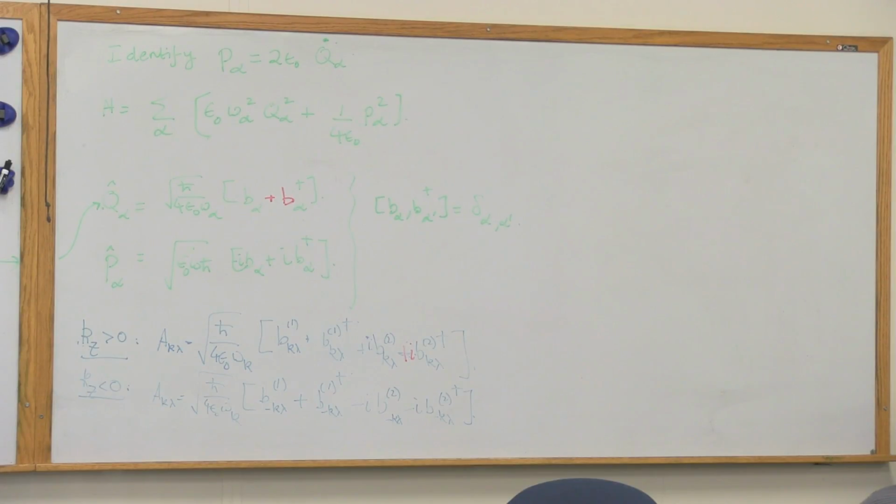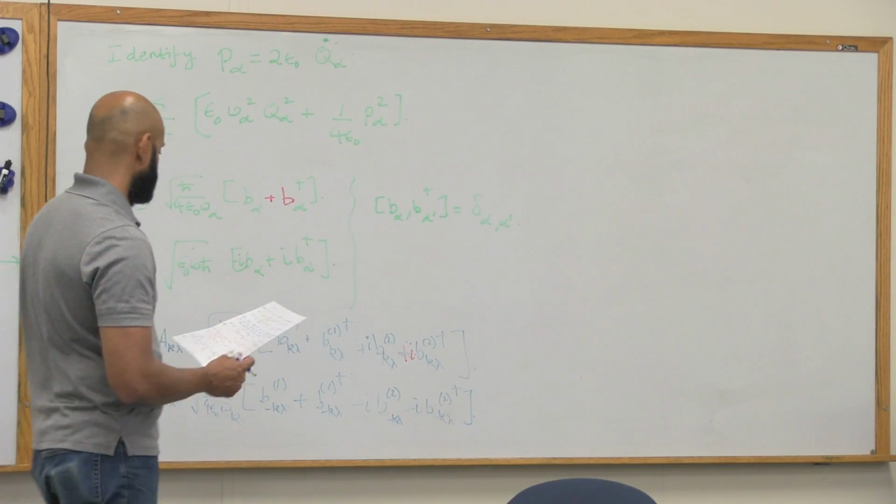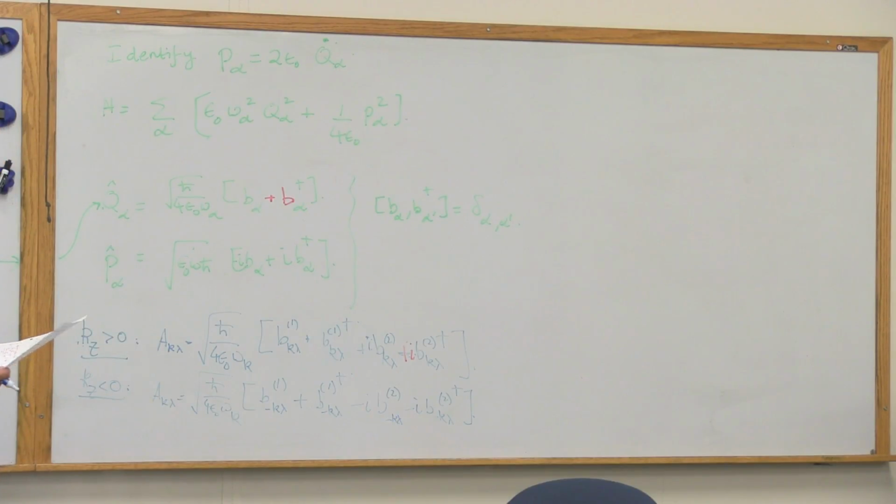so if we want to simplify this, because it looks pretty complicated, we are going to define a new operator A, which is some linear combination of the b's such that all of this just becomes a simple expression in terms of this new operator A for all k's and lambdas, not separated by kz, where kz can be both greater or less than 0.